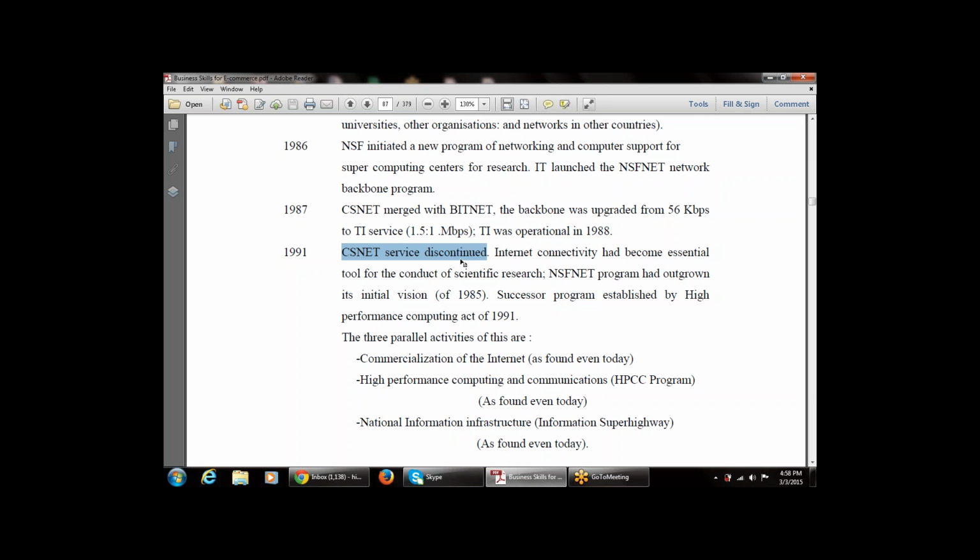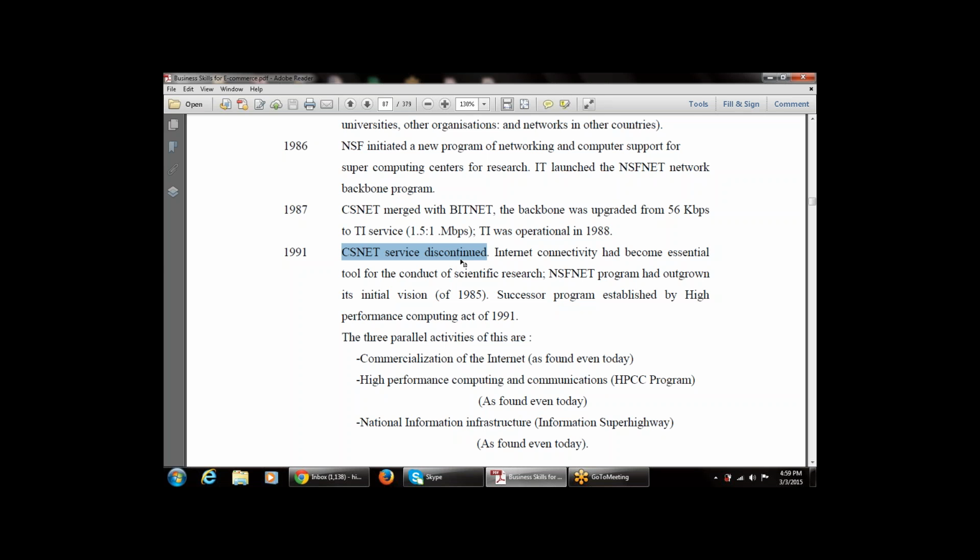What are the three parallel activities that became available with the use of NSFNet? First is the commercialization of the internet. That is the usage of the internet for commercial purposes. We can make commercial transactions with the help of the internet, that is, the trading and purchasing of goods and services over the internet.